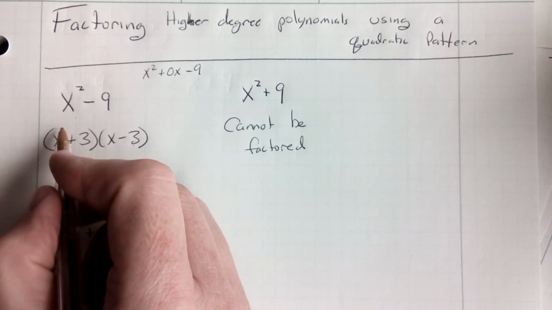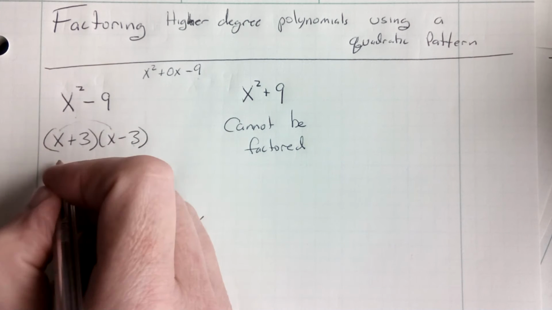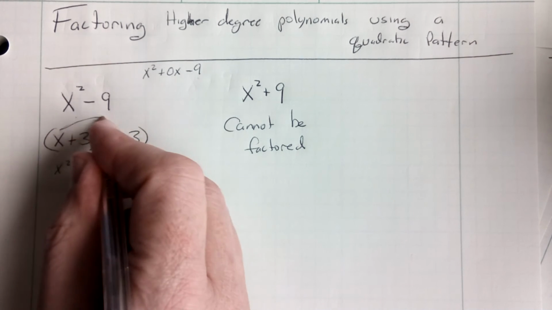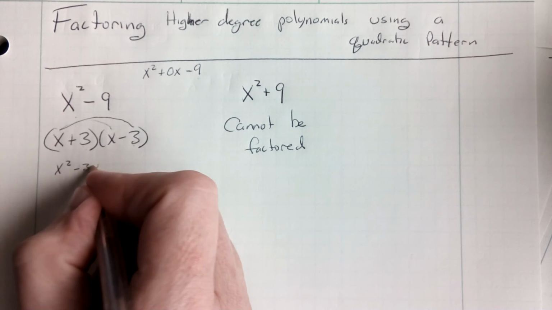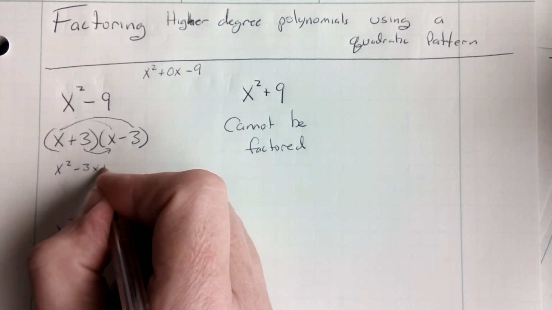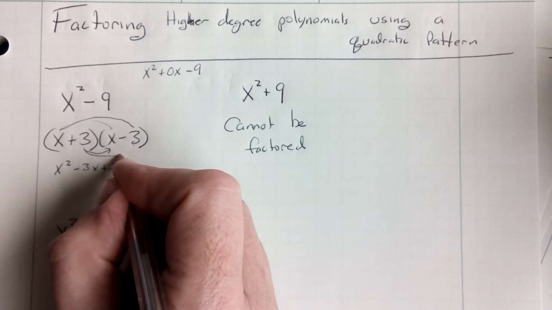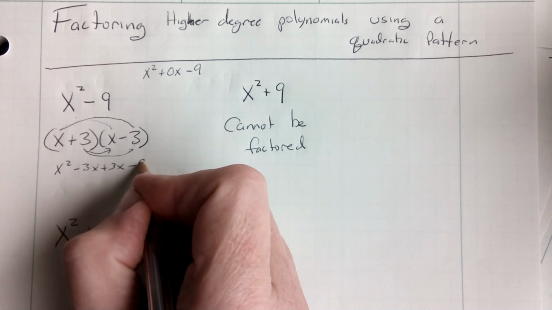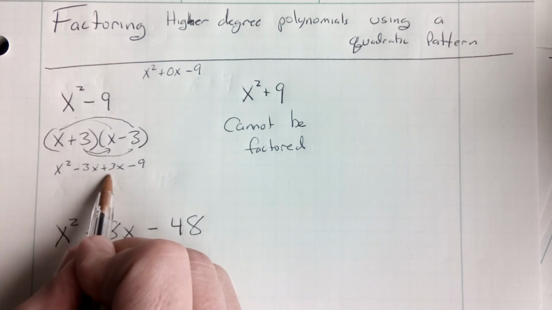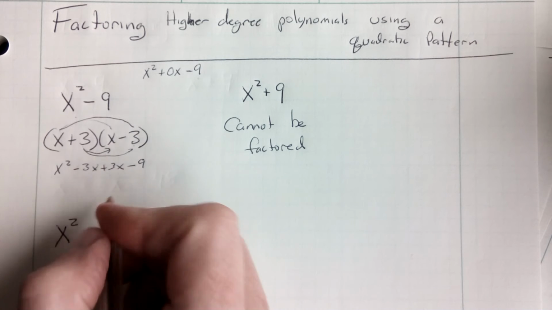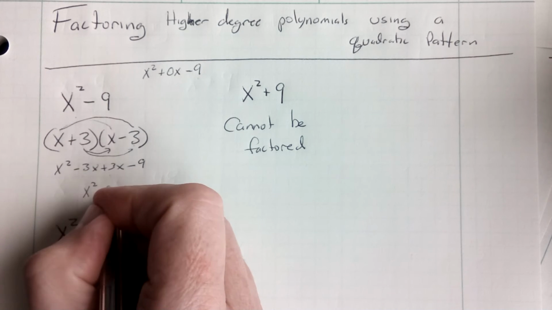Again, if we FOIL, x times x is x squared, x times negative 3 is a negative 3x, 3 times x is a positive 3x, and 3 times negative 3 is a minus 9. These two middle terms, negative 3x and 3x, cancel, leaving just the x squared minus 9.